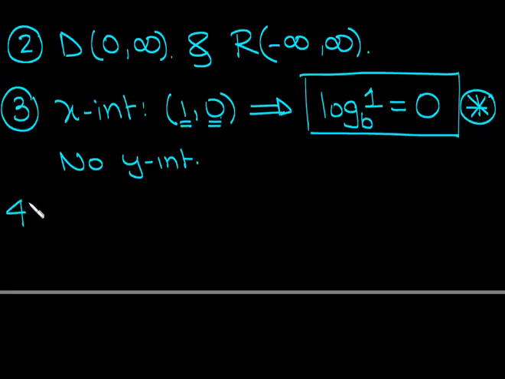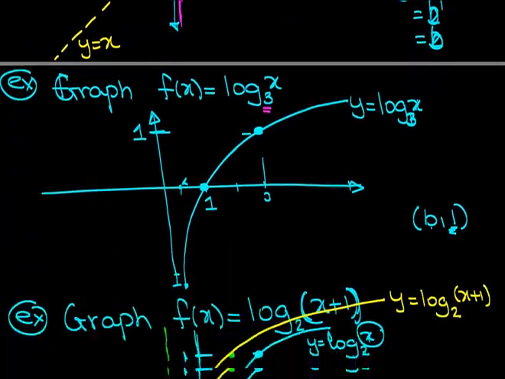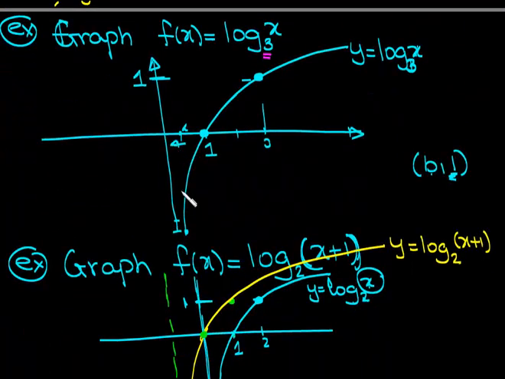The next thing is, as x goes to 0, as we keep getting closer and closer to 0, what is happening to the y values? They're getting smaller and smaller. They're going to negative infinite. Do you guys follow? As x gets close to 0, the y values are getting smaller and smaller because that's an asymptote there.